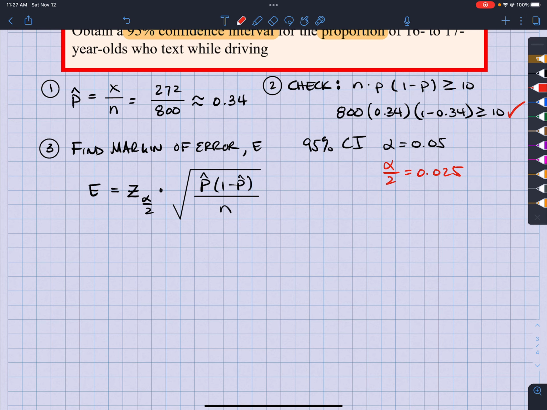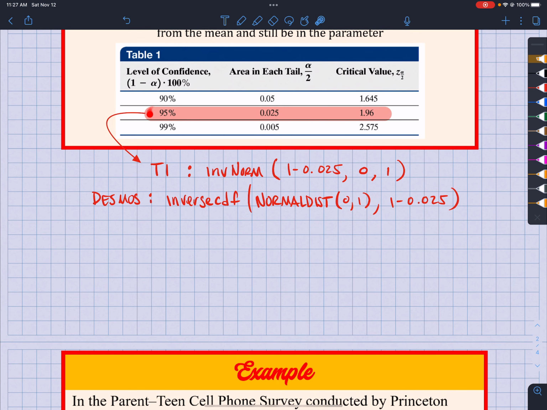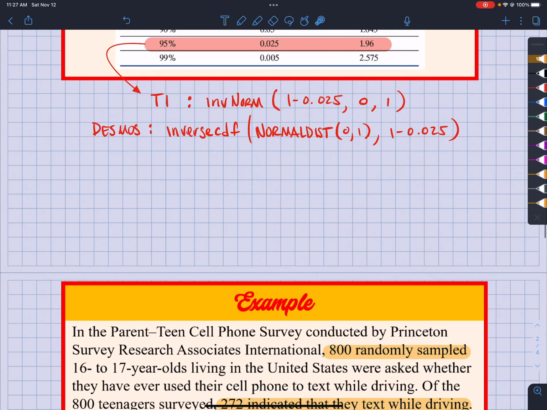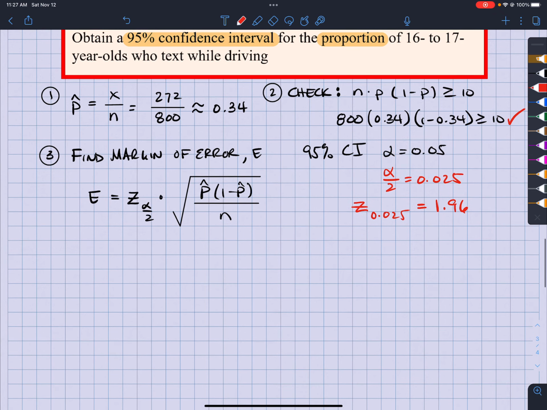So if I was to look at the Z of 95%, 0.025, my critical value is 1.96. Again, I can find it in the calculator, so you're welcome to do that. So what I find is that the Z of 0.025 is going to equal 1.96. So that's what we're going to put in.